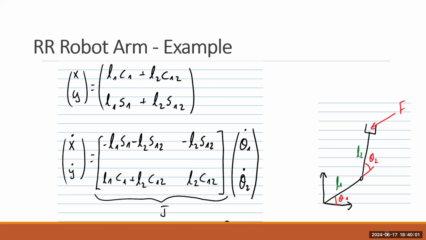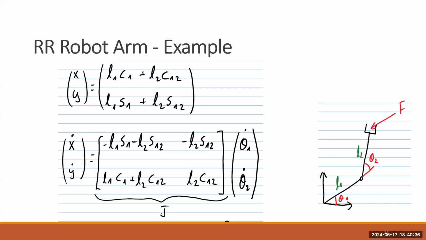The position of the end effector, as we saw before, X is L1 cosine θ1 plus L2 cosine of θ1 plus θ2, and again with the sine. We can take the derivative of this and have the Jacobian, the derivative of this function with respect to θ1, this is the first column, and with respect to θ2 in the second column.